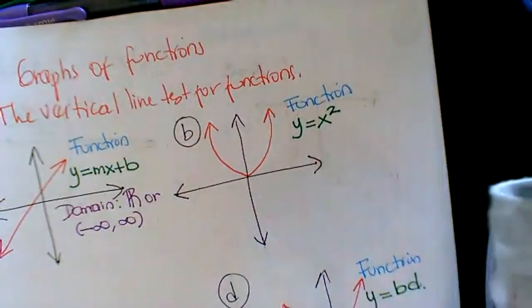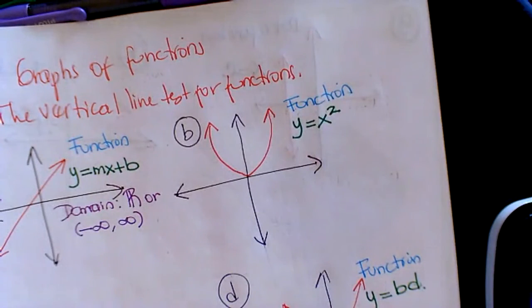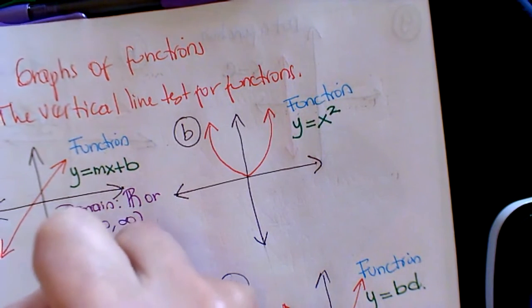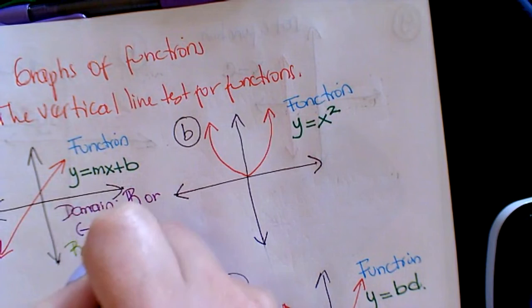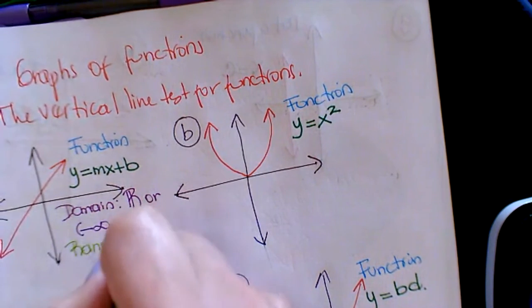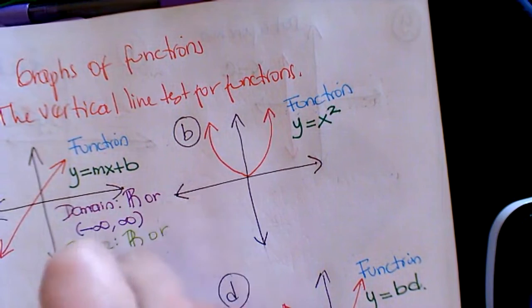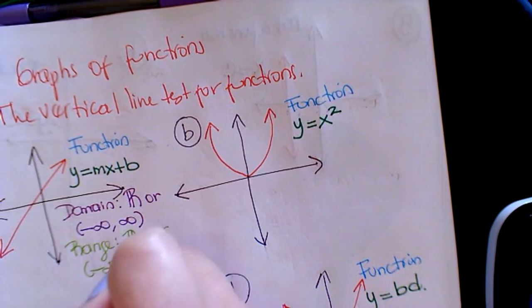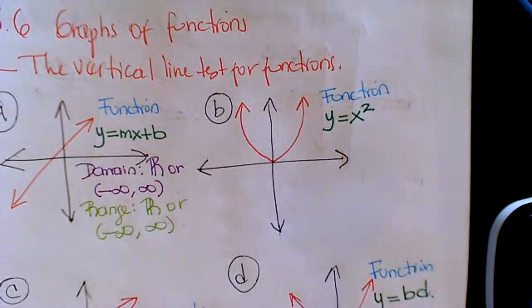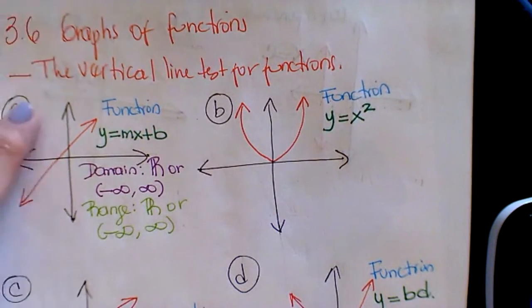Now let's do the range. Okay, so the range is going to be the same. It's all of the real numbers, or negative infinity comma positive infinity. Okay, for this one.